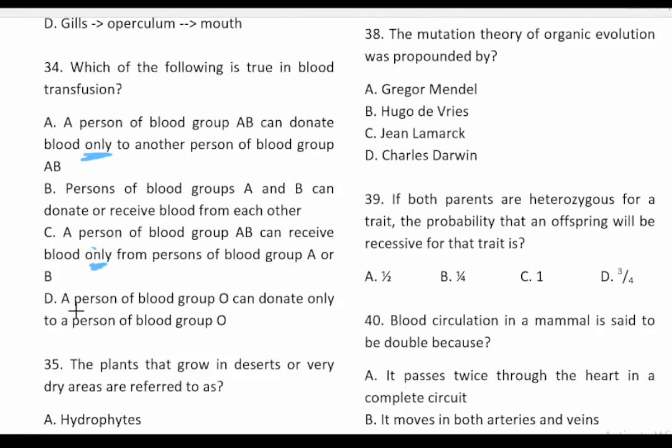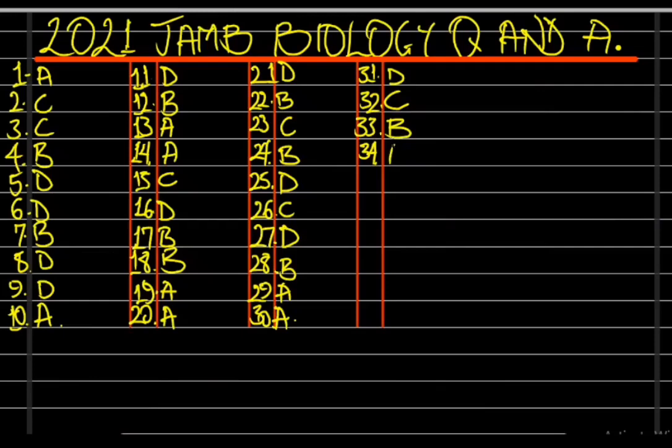And the last one says a person of blood group O can donate only to a person of blood group O. This is also not correct. A person of blood group O can donate to every other blood type. So the only correct statement is that blood group AB can donate to another person of blood group AB. That is the option for question 34.